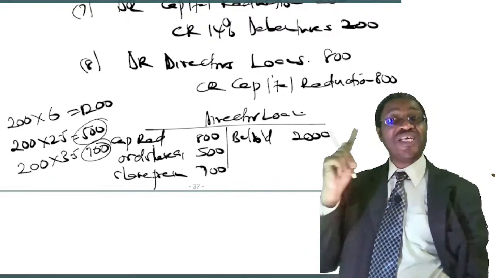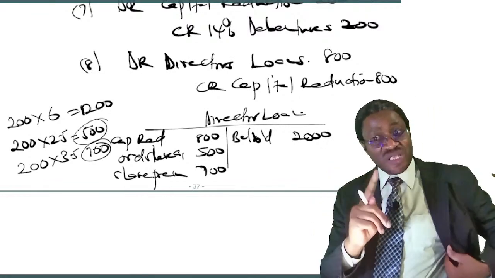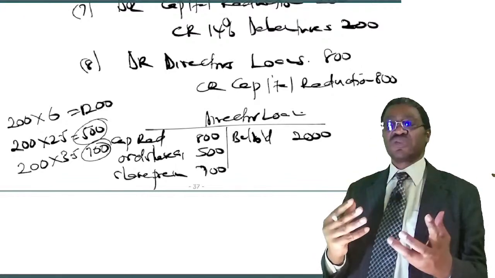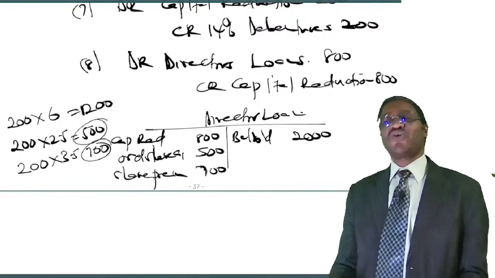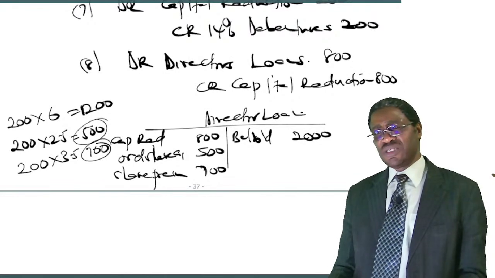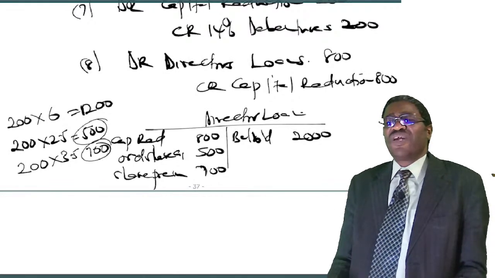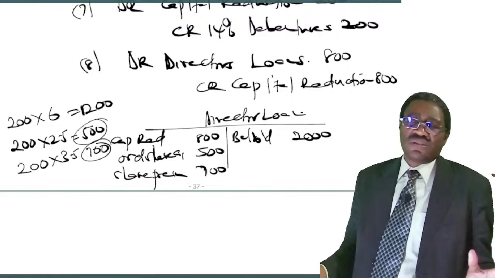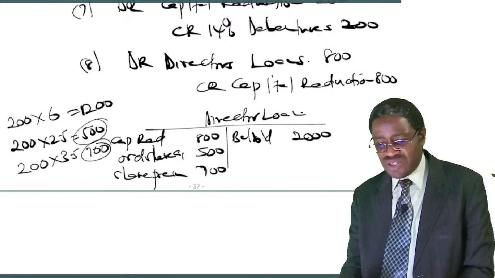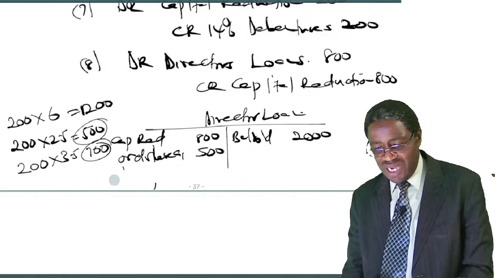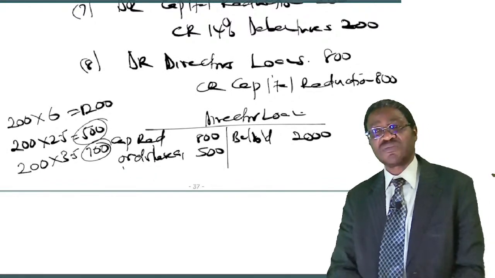The company issued 200,000 shares of 2.5 and the examiner stopped there. So he wanted you to get confused and think that you're issuing only 500,000 worth of shares and that's all. Listen, if you do that, it means you are left with a capital balance here. Look at the account.